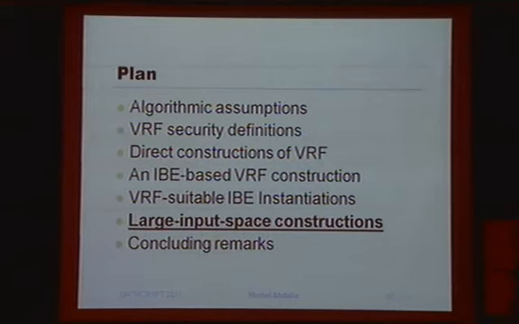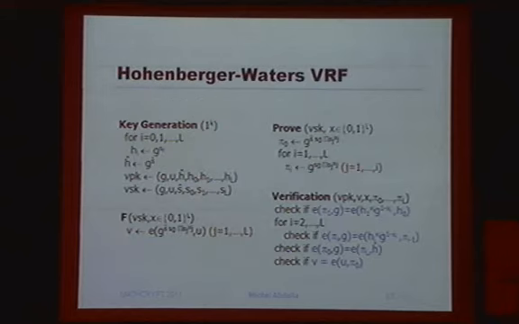This part, I just wanted to mention some more recent results, but not details about these results. So first, more recently, Hohenberger and Waters built a scheme for which you can prove the security even for large inputs, not just selective security, because our scheme we can prove to be selectively secure for large domains, but we didn't know how to prove full security for large domains.